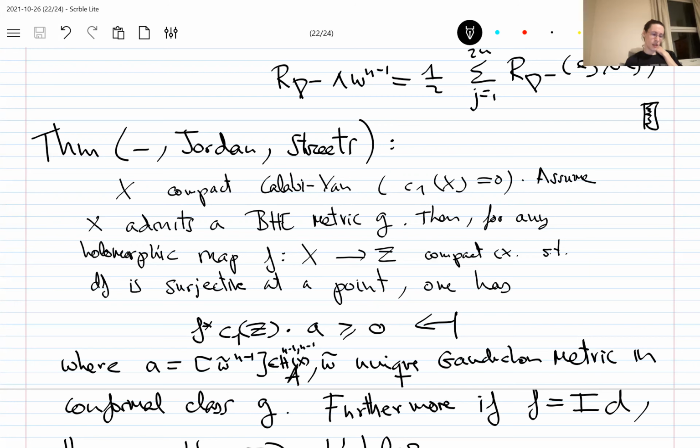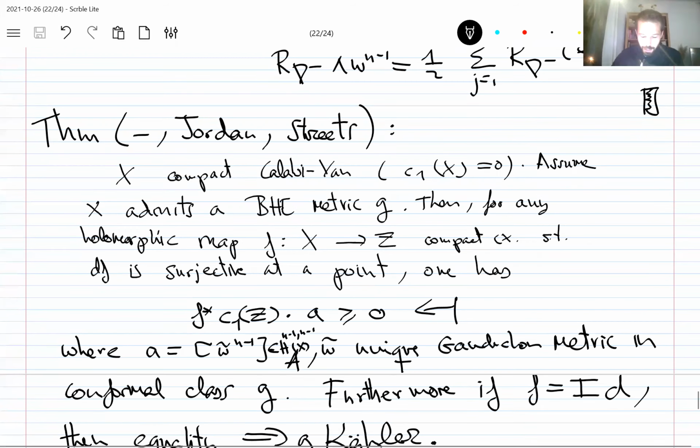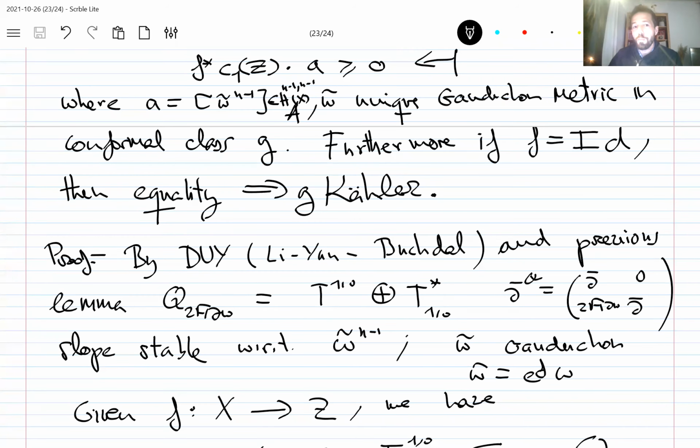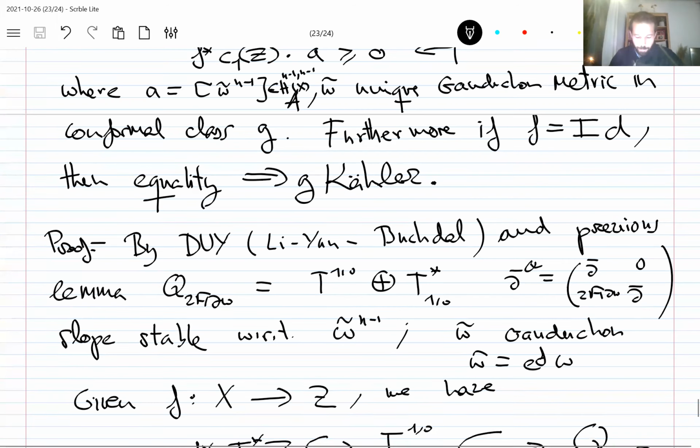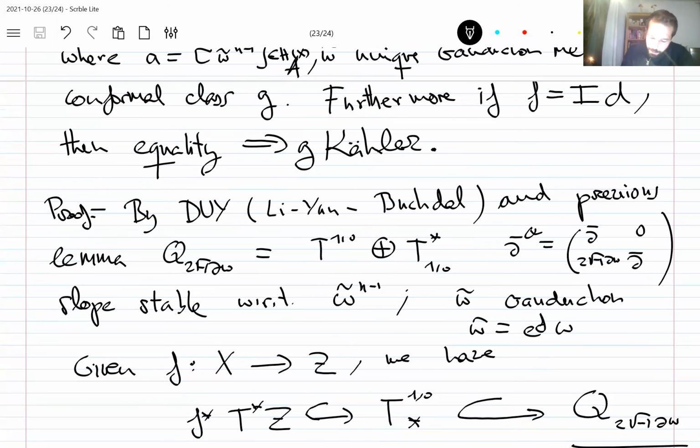And what does Donaldson-Uhlenbeck-Yau give you? It gives you that for any subsheaf, the slope of the subsheaf has to be smaller or equal than the slope of the bundle. That's the result that tells you that the Einstein condition implies that it's semi-stable.